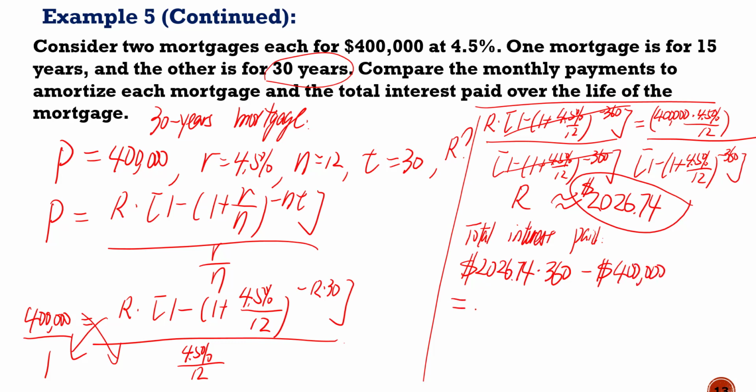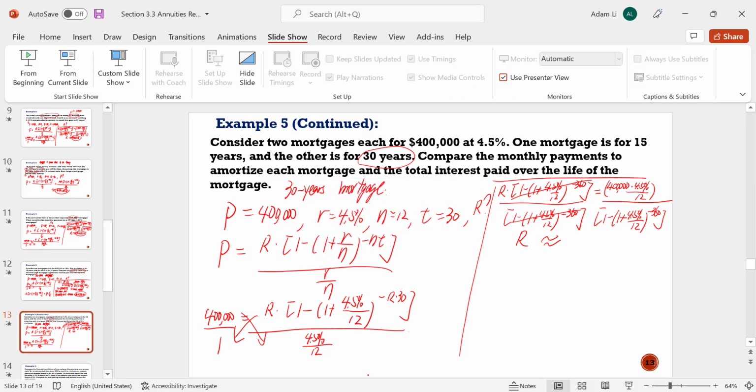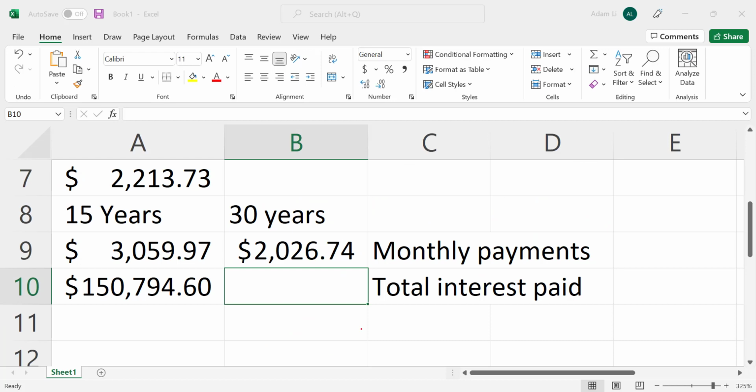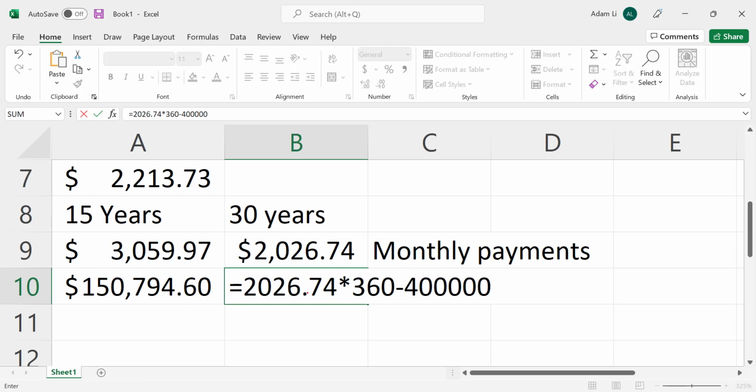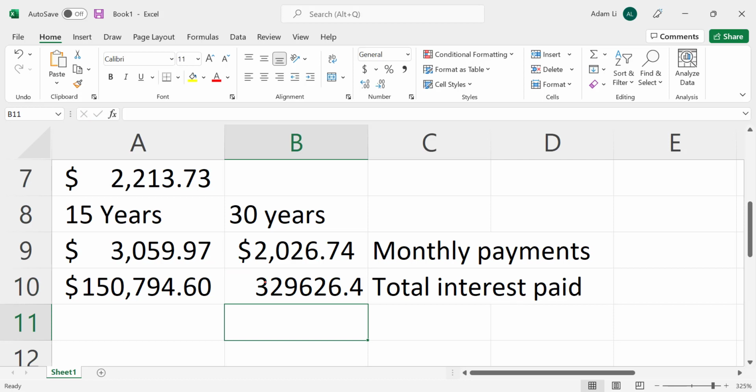So the difference is the interest you pay to the bank. Let's see what that is. It will be a lot more. Right? So it's $2,026.74 by 360 payments minus the mortgage amount, 400,000. The difference is, as you can see, it's more than doubling.